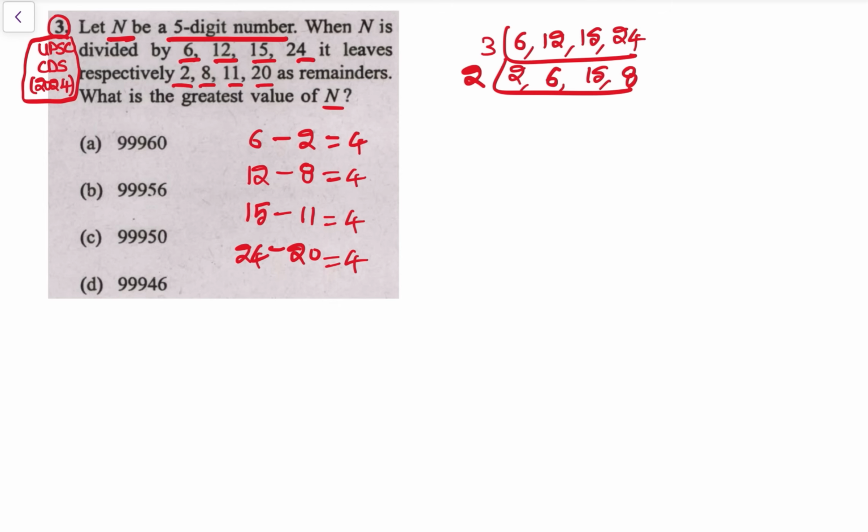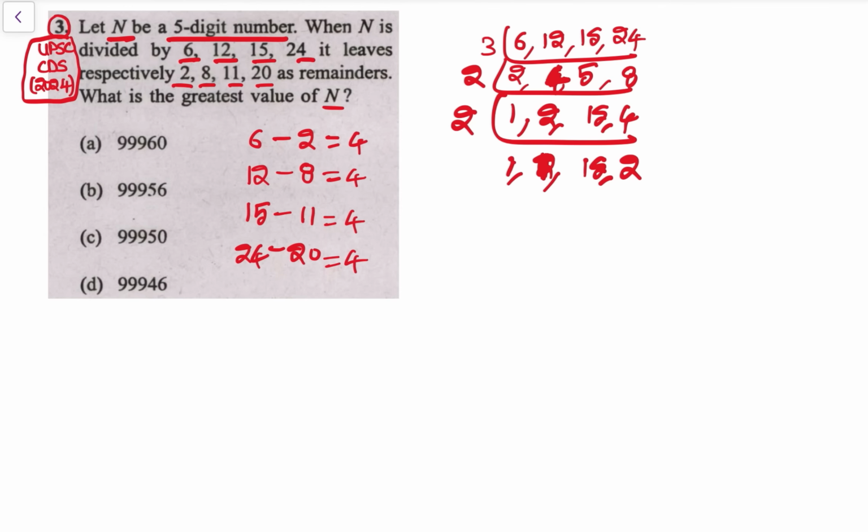Then 2 twos are 4, then 15 and 2 fours are 8. Then 5: 5 into 2 is 10, 10 into 2 is 20, 20 into 2 is 40, 40 into 3 is 120. 120 is the LCM. Now we need the greatest value of n.